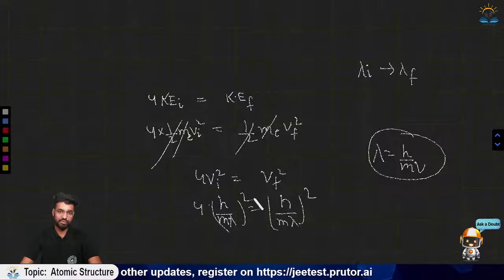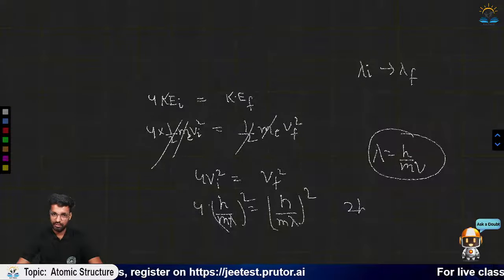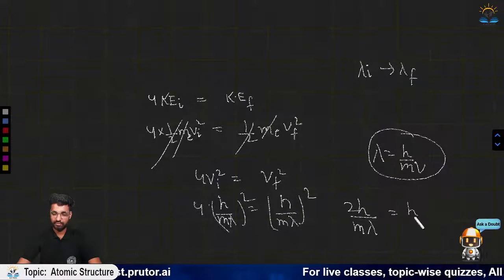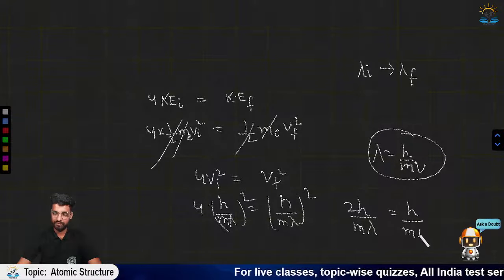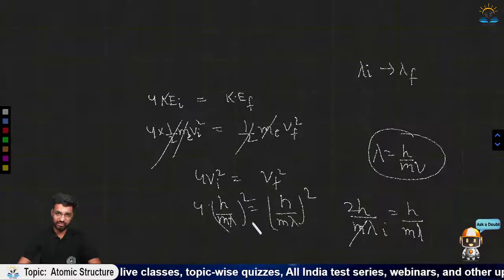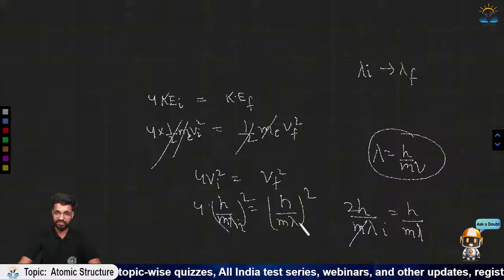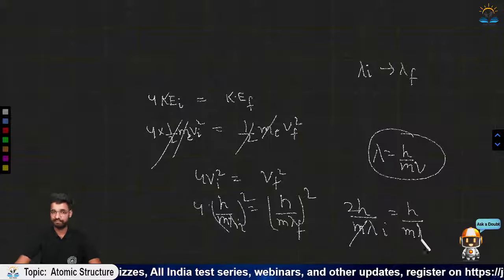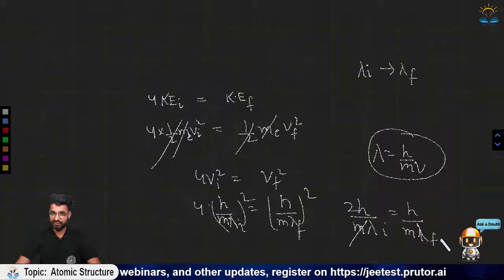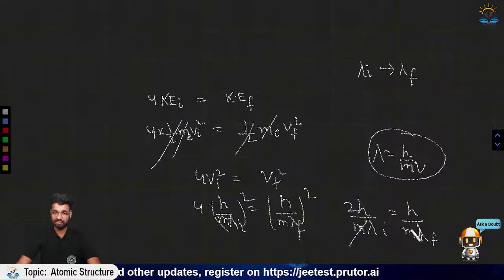If we take the square root on both sides, it will be 2 h by m lambda_i equals h by m lambda_f. Now the mass is the same, h is the same, and the difference is only in the wavelengths lambda_i and lambda_f.